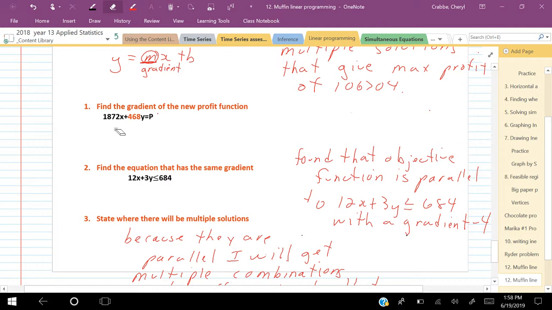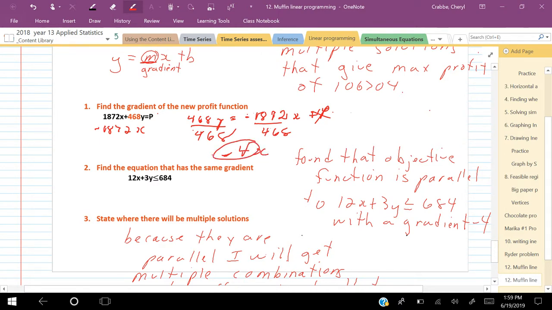To do that, we take this equation and subtract 1872x to the other side, so that we end up getting 468y equal to negative 1872x plus the p, but we don't really need to worry about the p. That's not going to give us the gradient. And then at the end, we divide by the 468, and we end up getting a gradient of negative 4x, or negative 4.